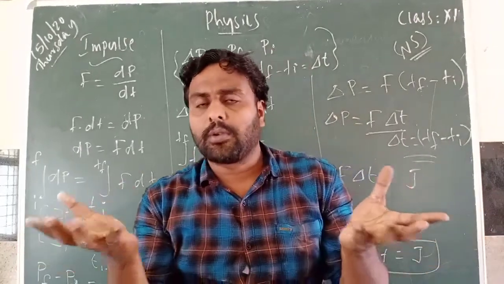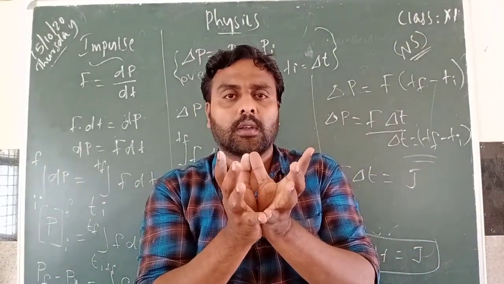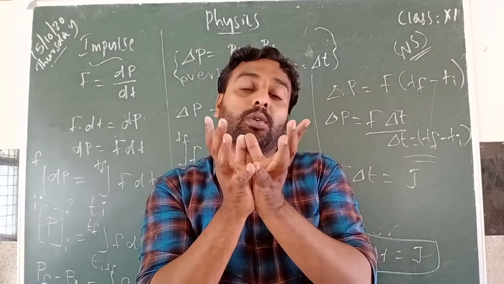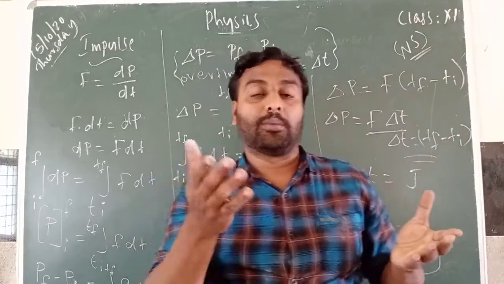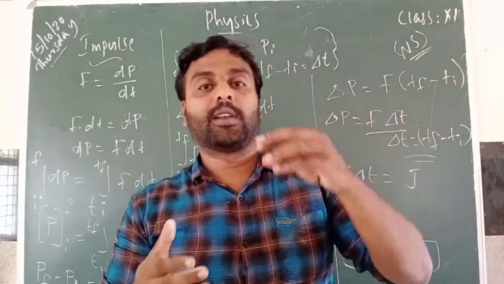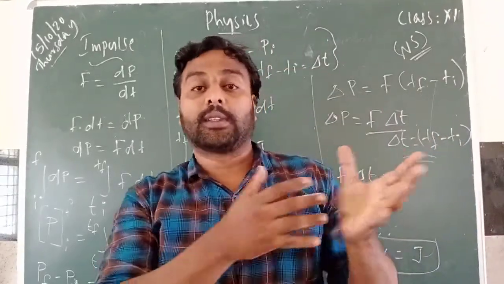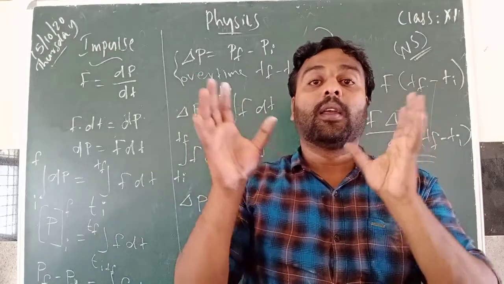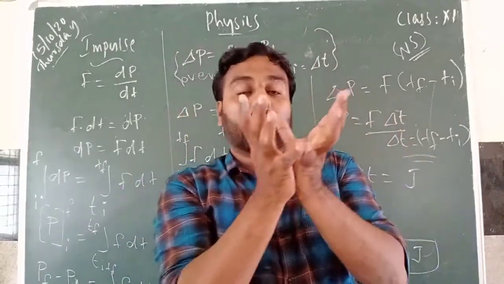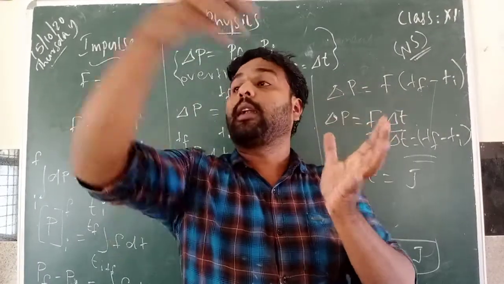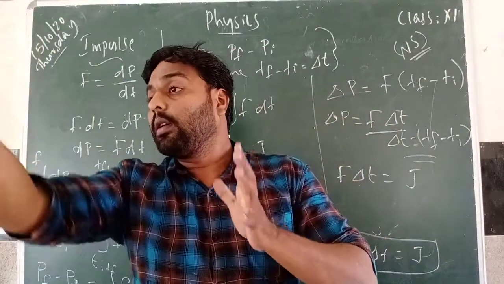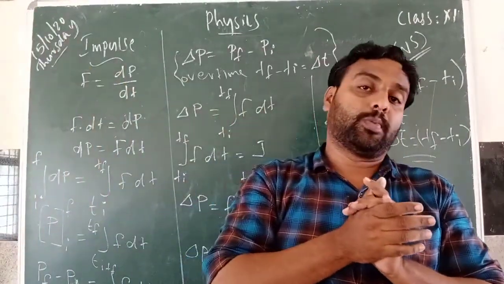Isn't it? Does anyone catch the ball like this? No, because it is not possible to hold the ball. In Tamil and all, we tease the person. Some word is there, I am not telling. You see, when we catch the ball like this, what will happen? The ball hits here and it will drop.